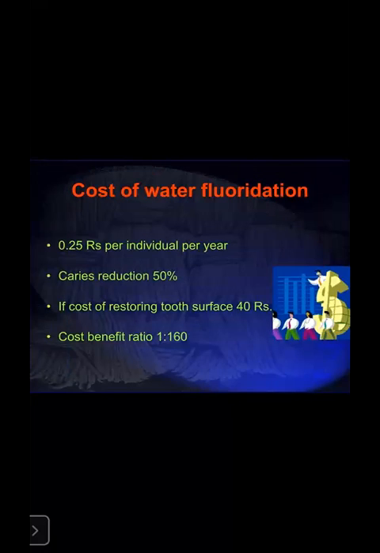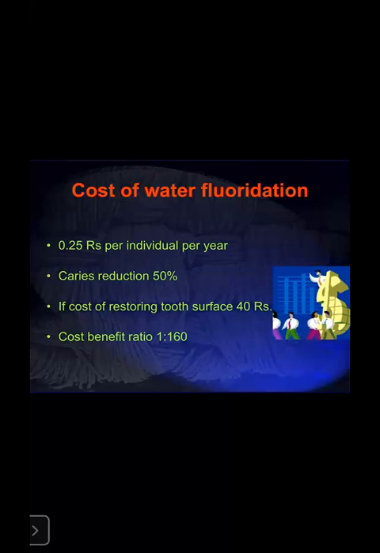Now, if you think about the cost of water fluoridation, it is 0.25 rupees per individual per year, and it will reduce caries by 50%. And if you think the cost of restoring a tooth is only 40 rupees, then the cost to benefit ratio is 1:160.